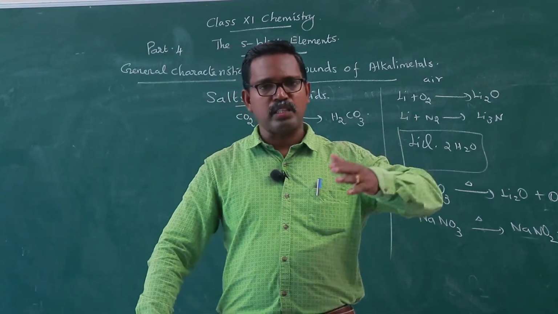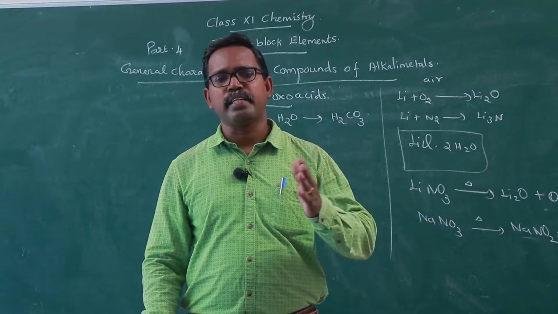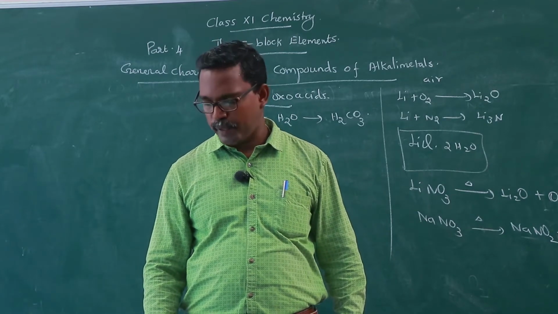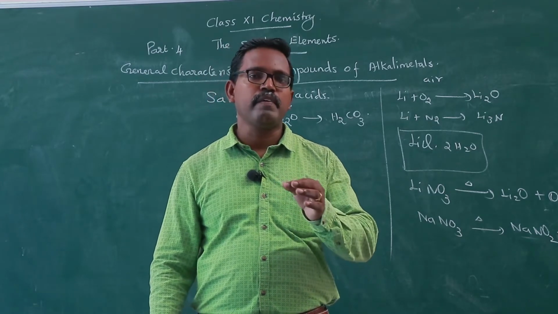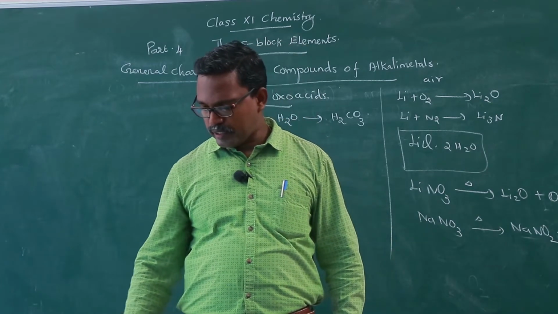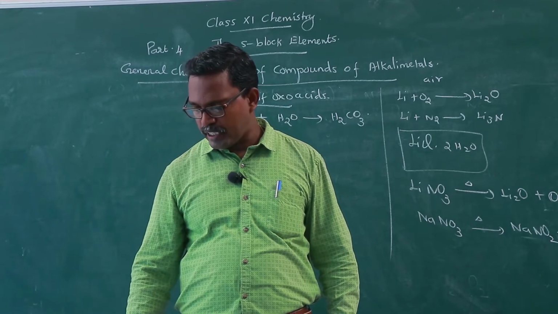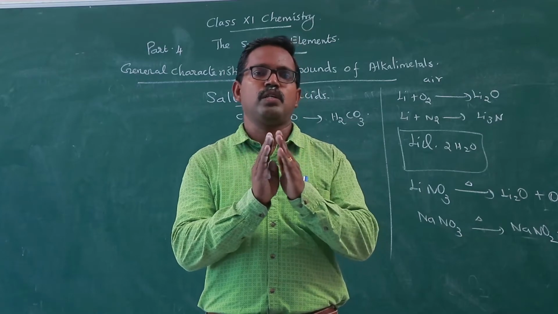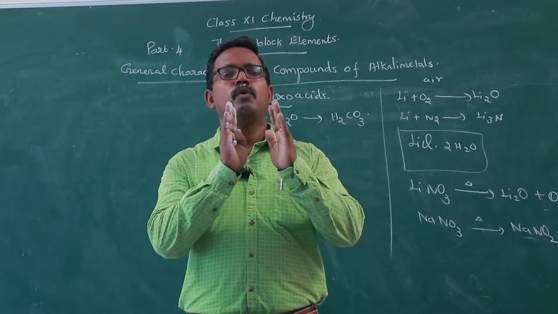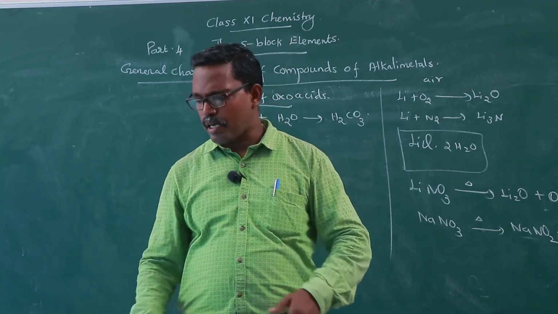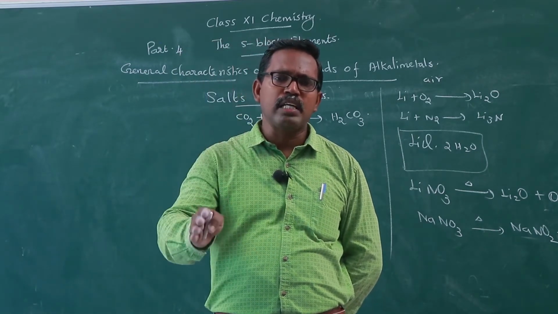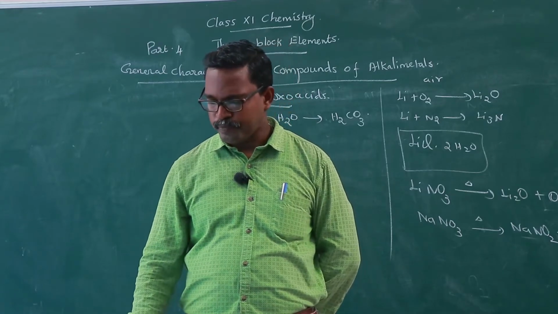And the ionic radii are also similar. Lithium ion 76 picometer, magnesium ion 72 picometer. And both magnesium and lithium are harder in nature when compared with the other elements of their respective groups.